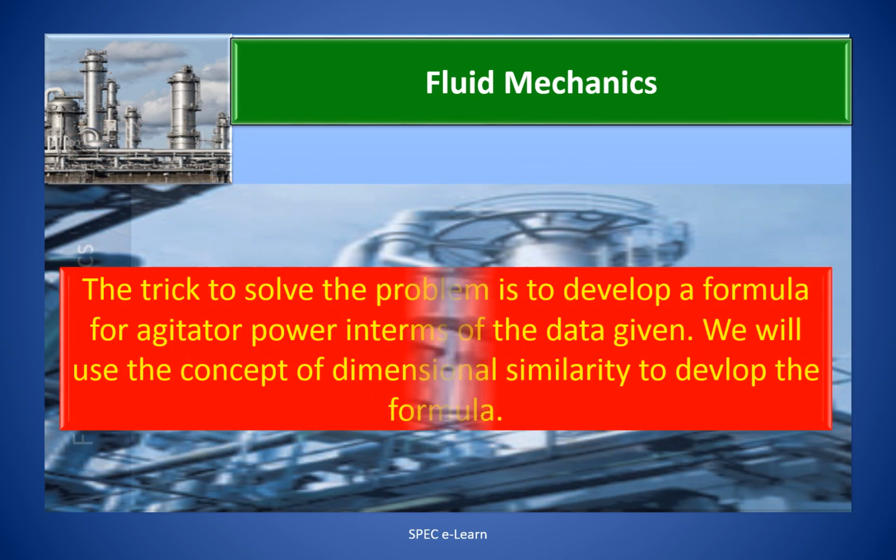The trick to solve the problem is to develop a formula for agitator power in terms of the data given. We will use the concept of dimensional similarity to develop the formula.